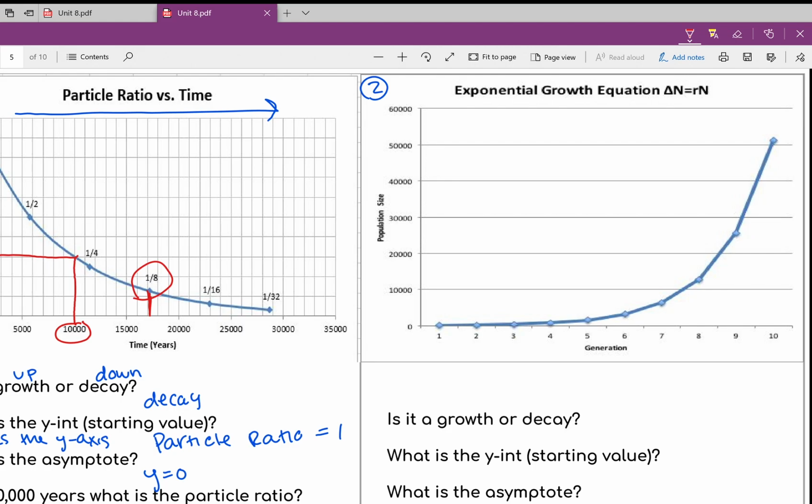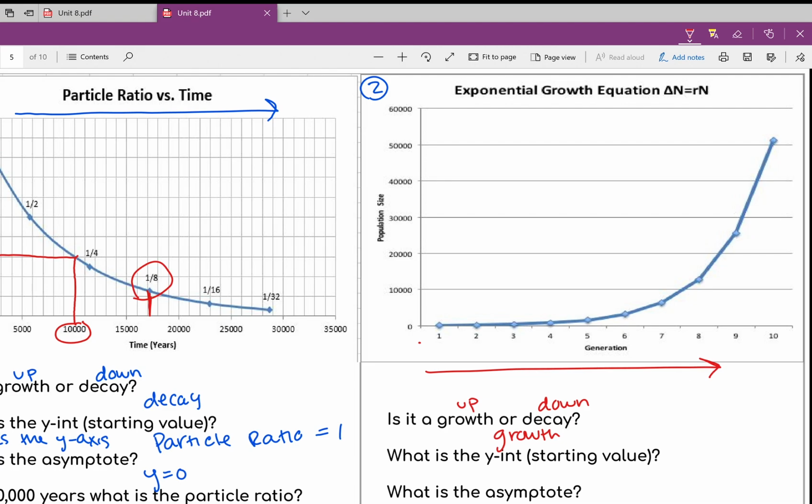Remember, growth, if we read it from left to right, the graph is going up, and decay, the graph is going down. Starting over here at 0 on the x's and going all the way to 10, if we follow that blue line, we notice it's going up. So this is a growth.